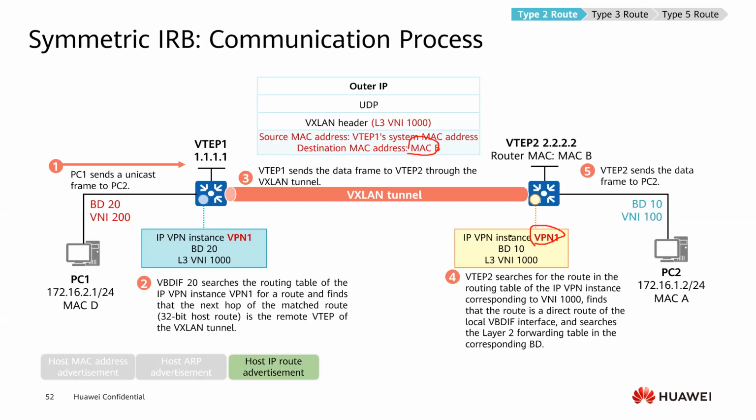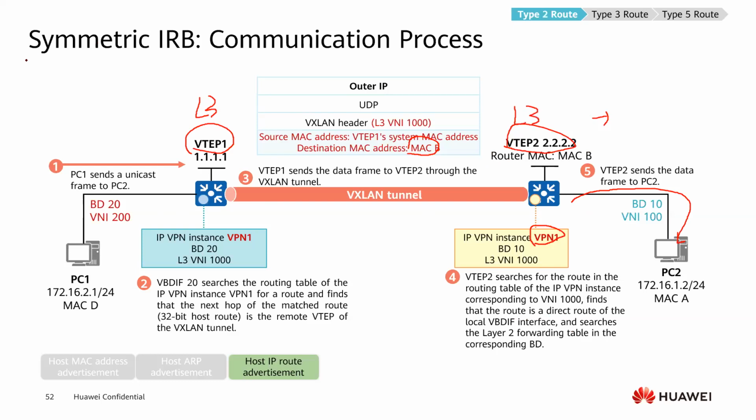Then VTEP2 will do the entry lookup inside VPN instance 1, and it will find the direct route, and then send the packet to PC2. So you will find that at the ingress VTEP it does level 3 forwarding, and for VTEP2 it also does level 3 forwarding.